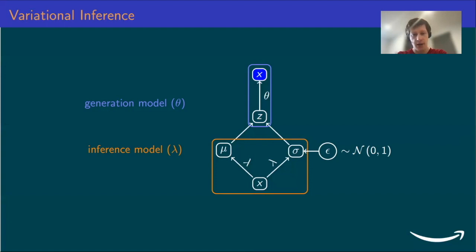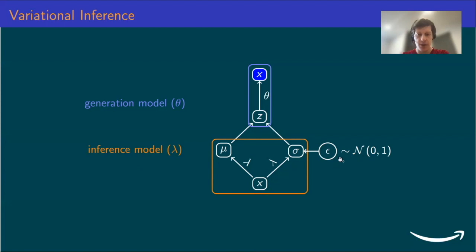And it turns out that for Gaussians, that is particularly simple, because to transform a standard normal distribution to any other normal distribution is simply done by taking the mean and adding the standard deviation times a sample from a standard normal distribution. Okay, and that's how we'll get Z here.